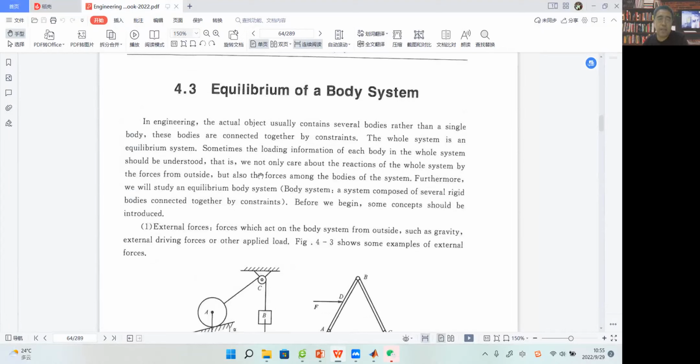Maybe I just use some paragraphs of our textbook to explain the so-called equilibrium of body system. So I hope you guys can understand a little bit.